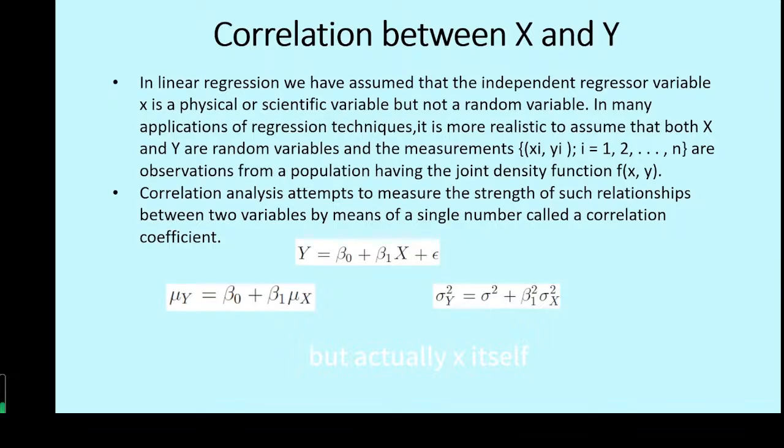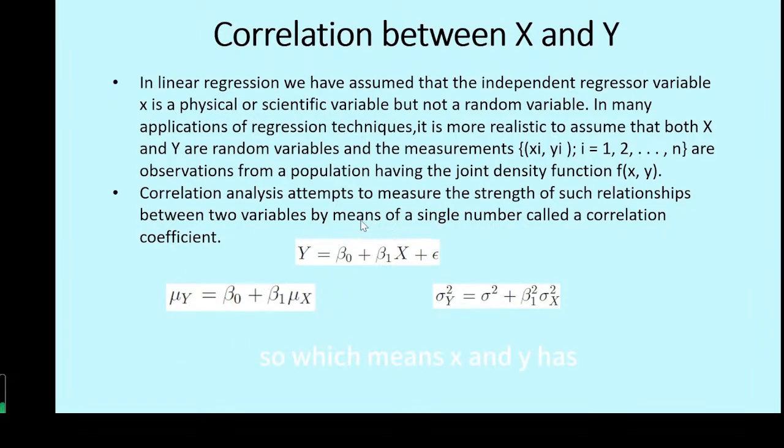But x itself can also be a random variable, because x takes different values in the sample. We get a sample and do not know beforehand exactly what the value of x is. So x and y are actually both random.